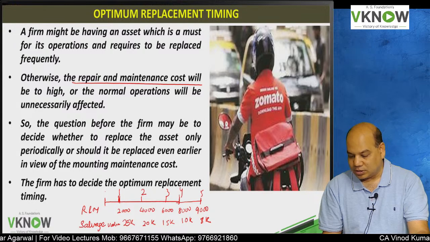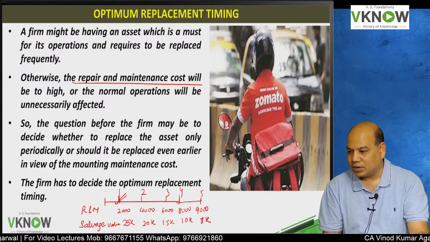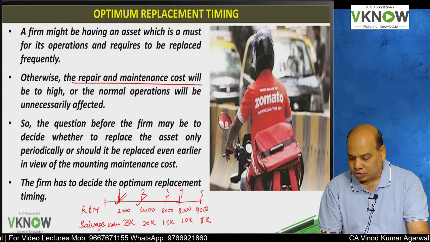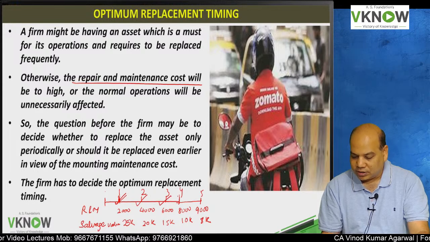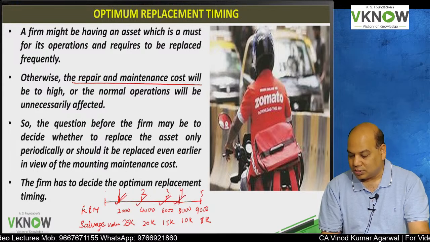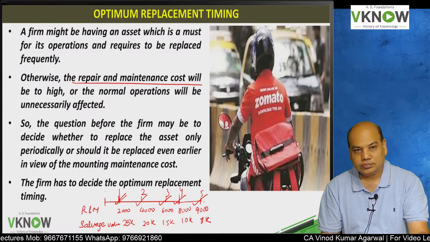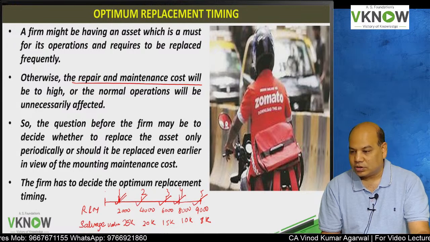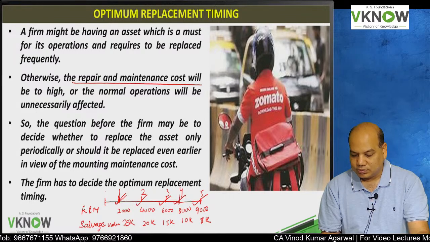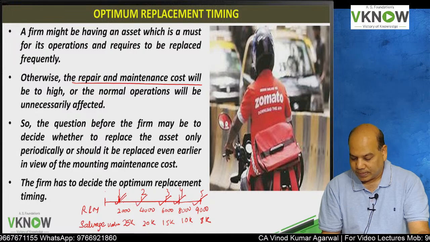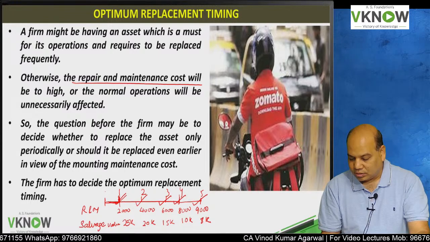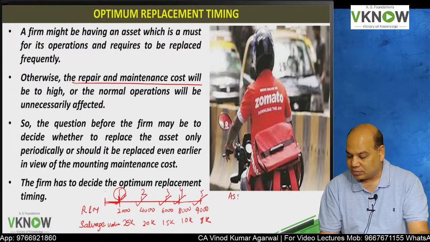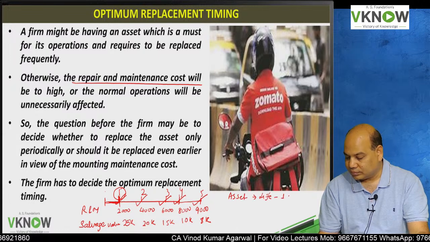When should you replace? Should you replace every year, every 2 years, every 3 years, every 4 years, every 5 years? That is the question. So how to solve this question? The answer is, if I replace it after 1 year, it becomes an asset with life 1 year.